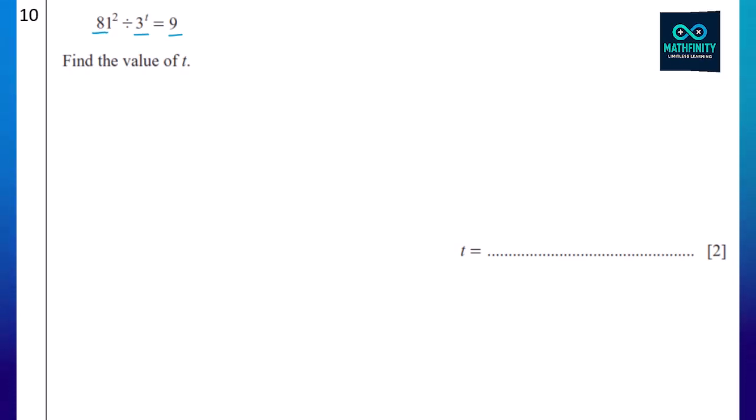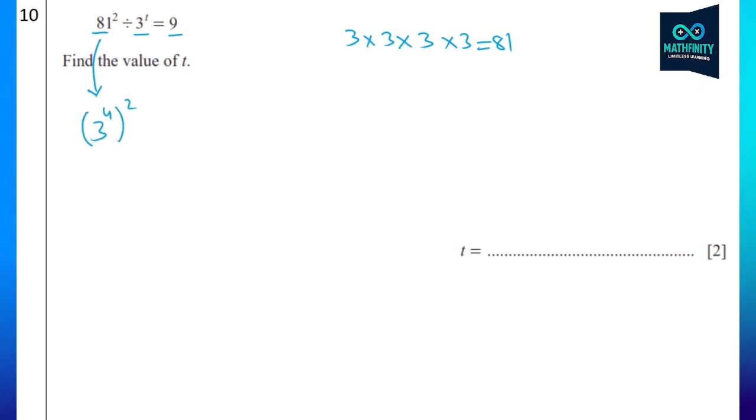So 81, we studied that 3 times 3 times 3 times 3. 3 times 3, 9, 27 and 81. Okay. So it means in this place we can write 3 power 4 and outside is 2, divided by this 3 we will keep as it is, equal to, in place of 9 we can write 3 power 2.